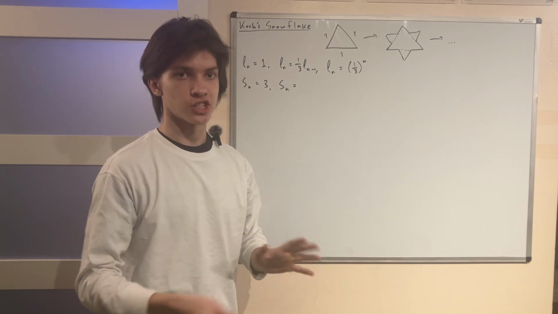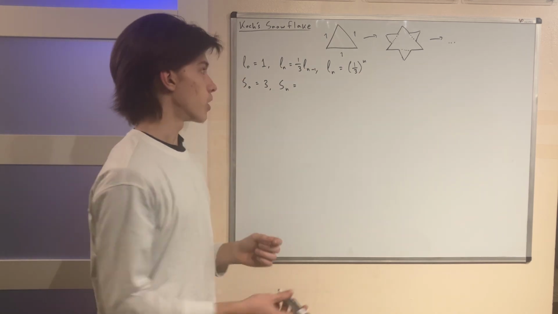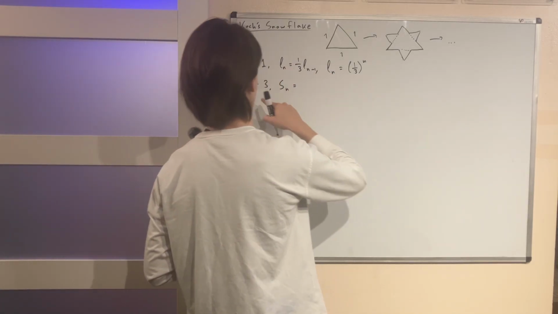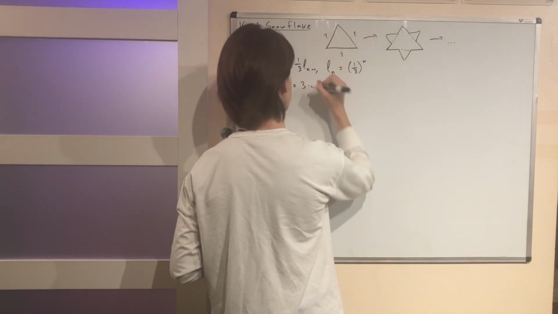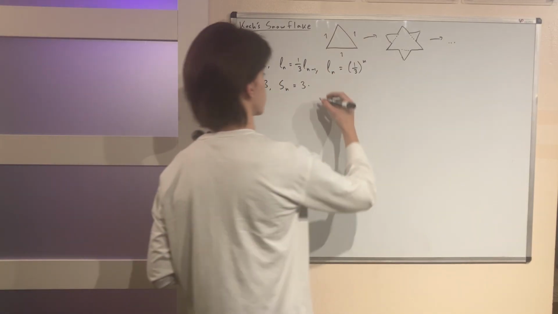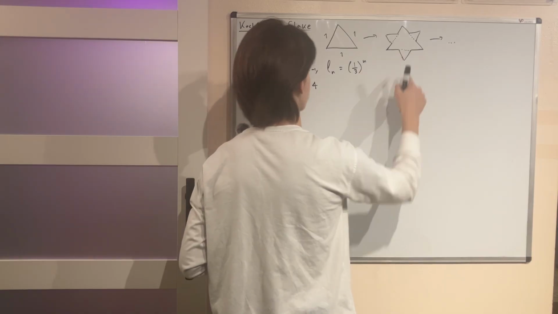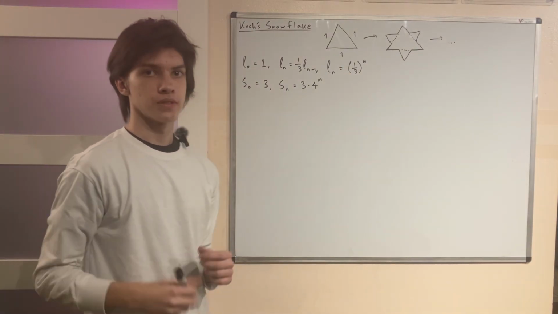So really, after addition and subtraction, we are left with 4 new sides. So our explicit formula will simply be S of n equals 3 times 4 to the n. We started with 3, and every iteration we are multiplying by 4. So for each side, we are getting 4. And so this will be the relation.